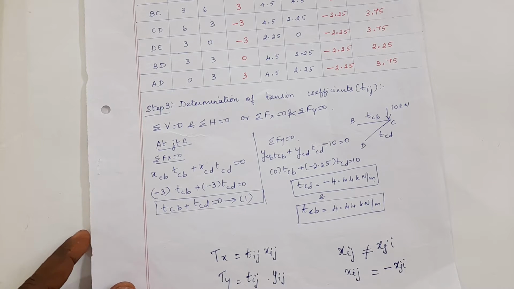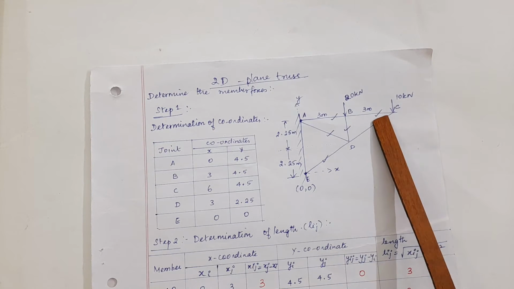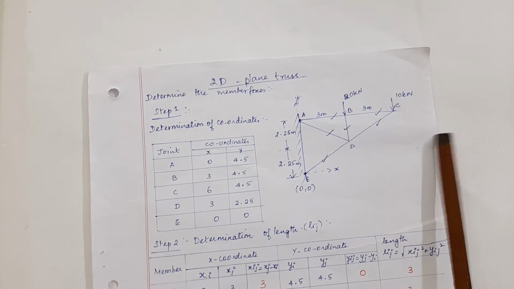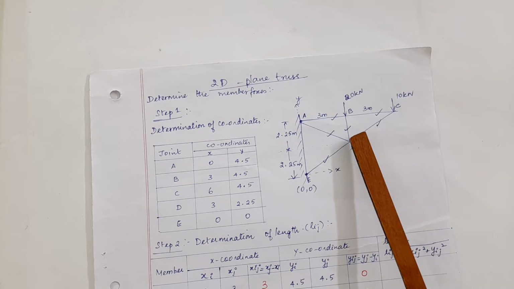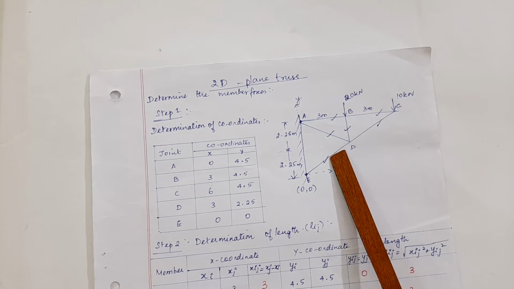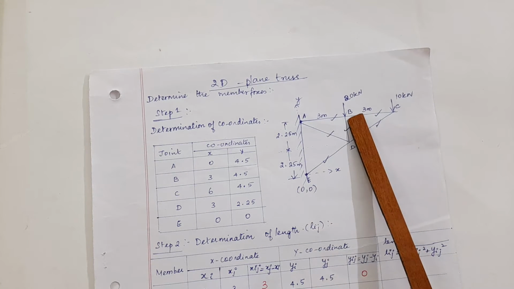So we have determined the first two member tension coefficients in the truss, that is CB and CD. Let me put a mark here showing these two member tension coefficients have been determined. Now let me think of going to D. Three more members are yet to be determined, but I have only two equilibrium equations, so I cannot determine now.